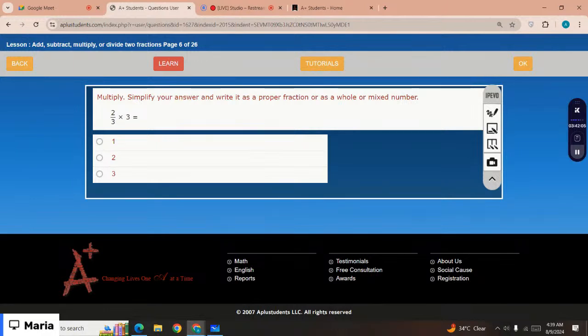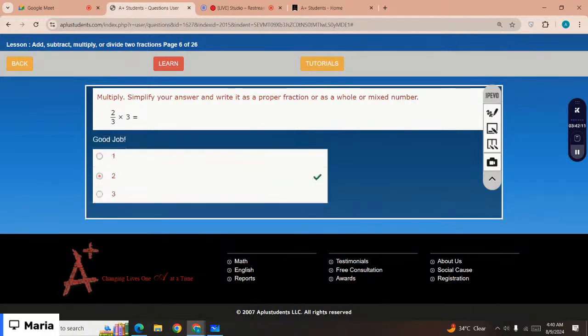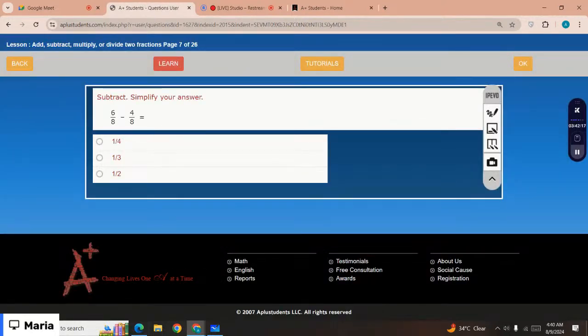That is 2, option number 2 is the correct option, right? Minus 4 by 8, which is the correct option?